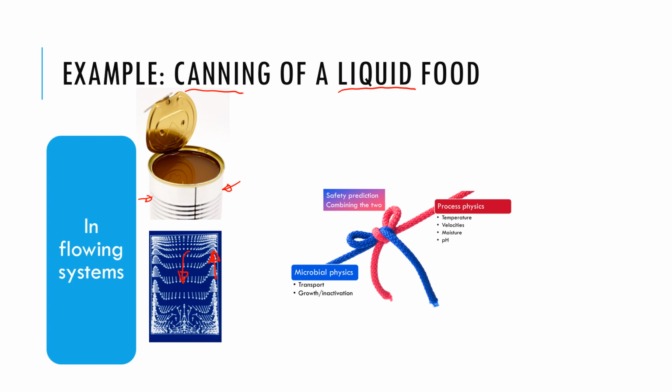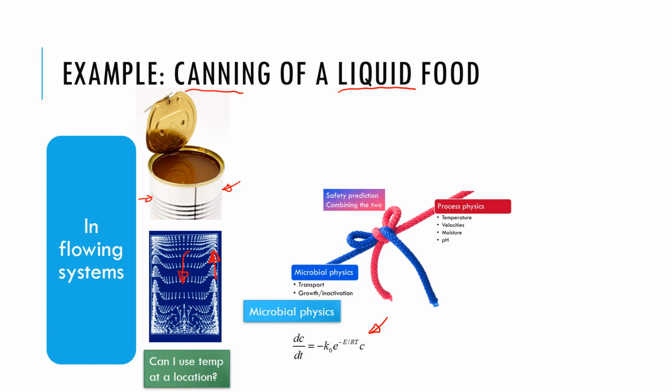Now the bacterial physics in this case is the same as the previous one, which is it's still the first order inactivation. But we have a little bit of a problem. Can I just think of using a temperature at any one location? Can we just use that temperature? Think about it.